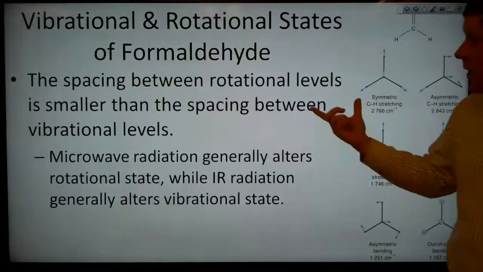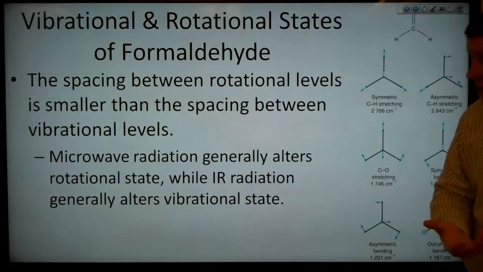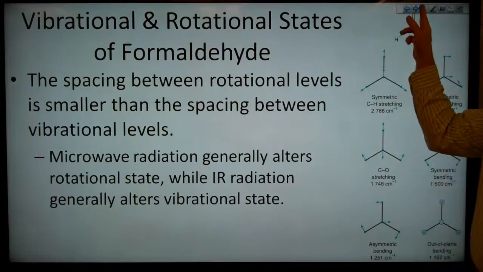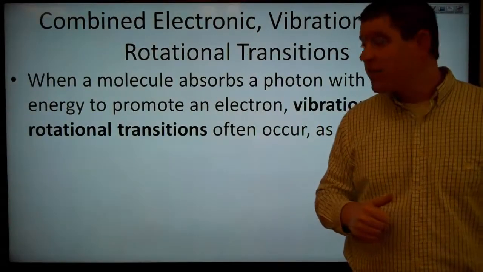So the spacing between the rotational levels is smaller than the spacing between the vibrational levels, and this means that microwave radiation generally alters the rotational state, whereas IR radiation generally alters the vibrational state. And then again, the visible and ultraviolet alter the electronic state of a molecule.